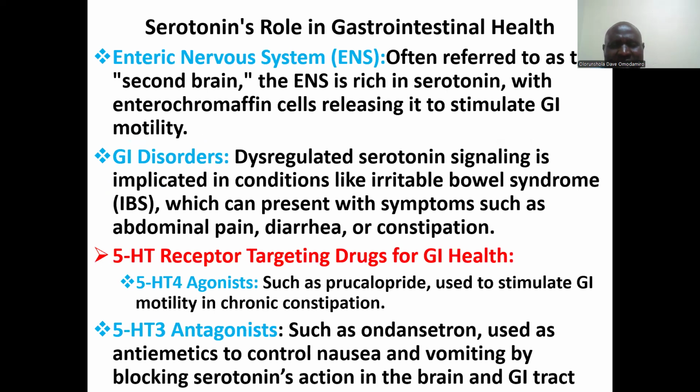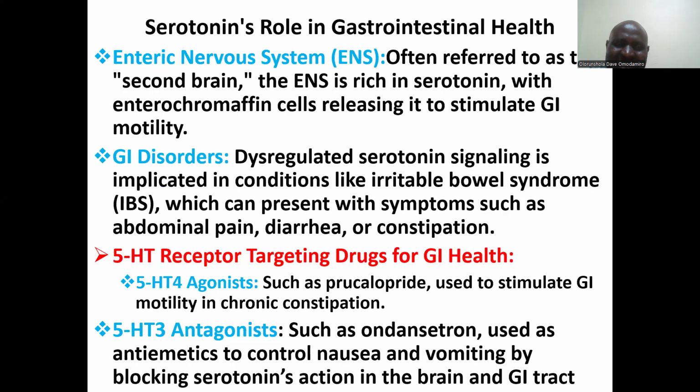Let's also quickly look at the role of serotonin in the gastrointestinal tract. The enteric nervous system, ENS, is often referred to as the second brain.